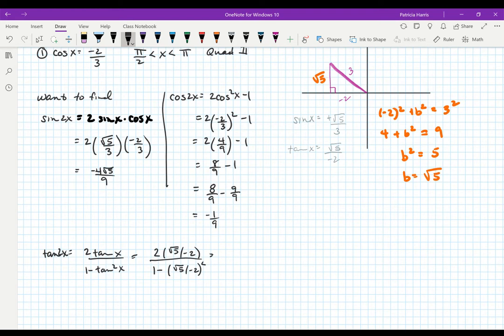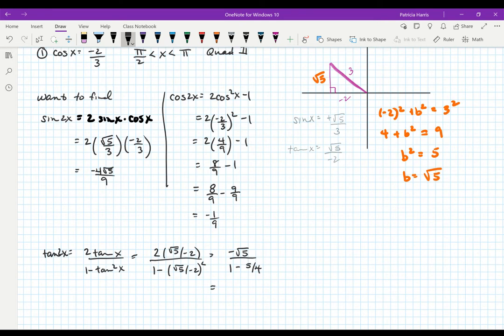If I simplify that on the top, my 2 and negative 2 will divide out, and I'm left with a negative radical 5 on the top. On the bottom, radical 5 squared is just 5, and negative 2 squared would be 4, so negative 5 fourths.